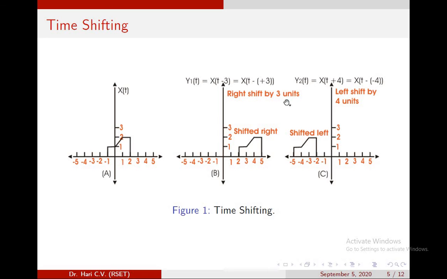The y2 of t that is equal to x of t plus 4, that is, the signal is left shifted by 4 units. Here this is right shift by 3 units, this is left shift by 4 units.